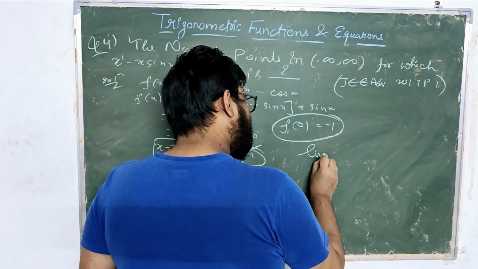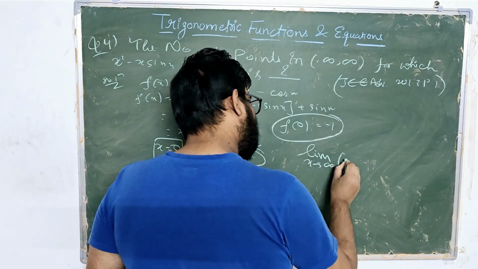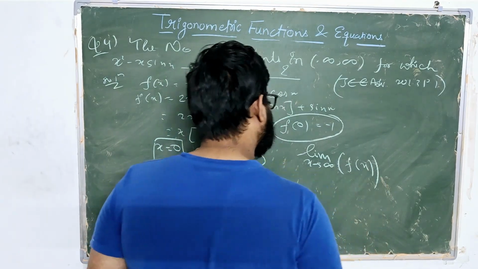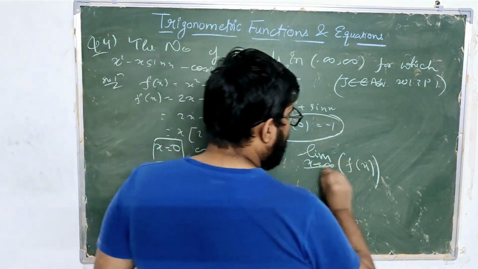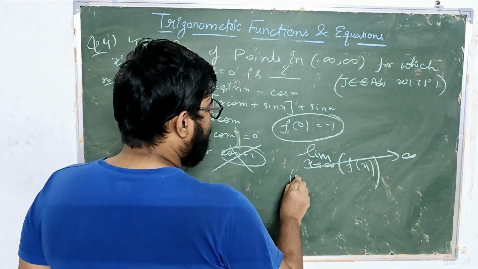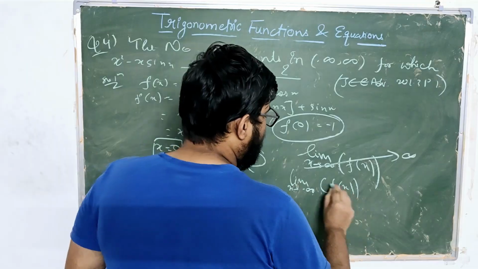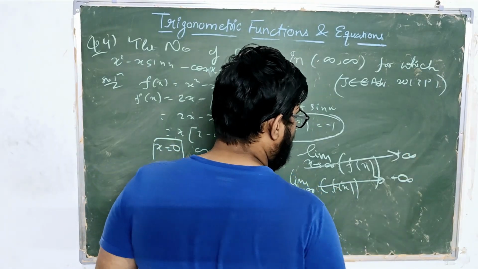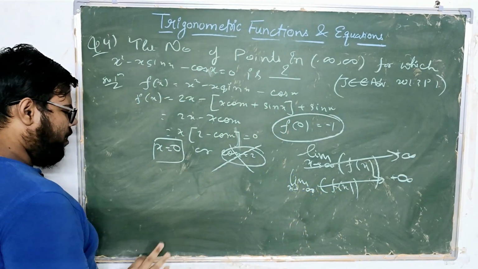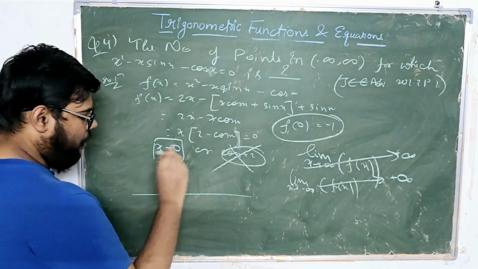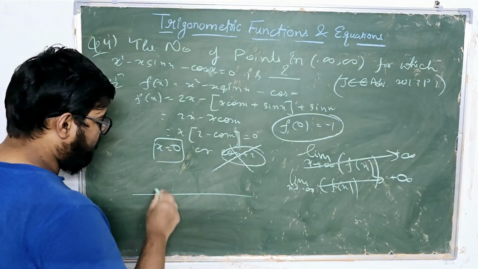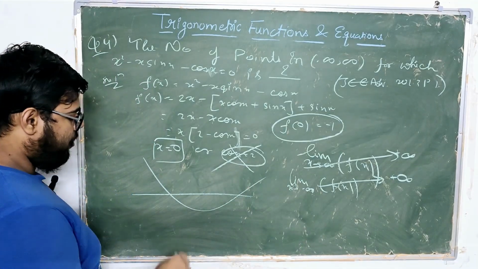And what is the limit as x tends towards infinity of f(x)? It will be tending towards infinity only. And what is the limit as x tends towards negative infinity of f(x)? It is again tending towards positive infinity only, which means a very rough graph, something like this.